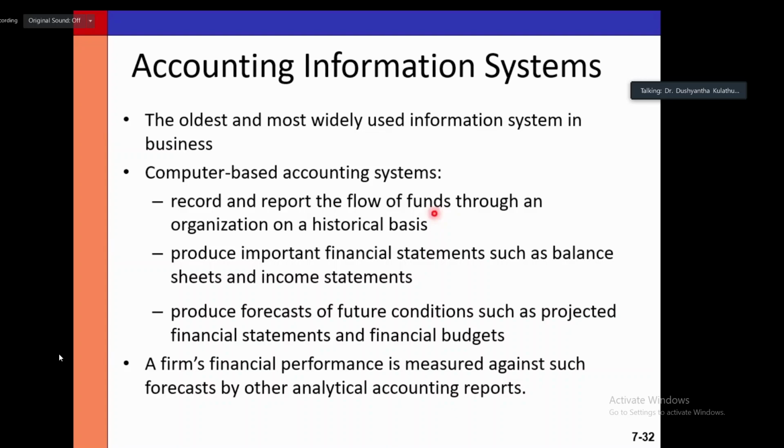Now, when transactions take place, the data are generated, and those data are captured, recorded, and reported by these systems. So the financial related data are captured, reported, recorded, stored by these accounting systems. So that is one primary task that the accounting systems perform: capturing and recording and producing relevant reports in relation to the financial transactions.